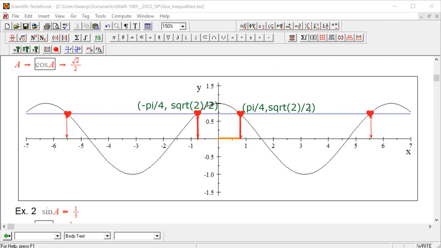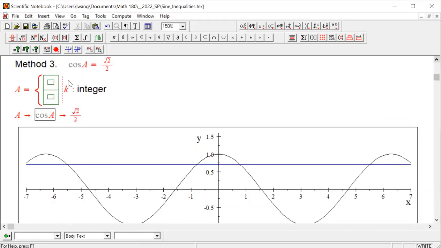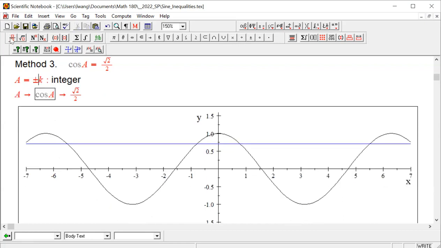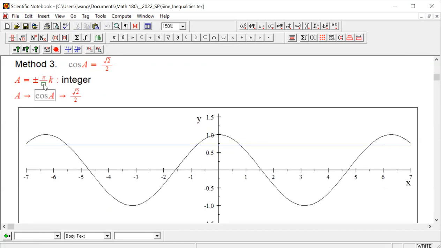Okay, they have the same output. So we have identified all the inputs with the same output. Okay, so what will be the solution? Of course, the solution is going to be the same, right? So it's going to be plus or minus pi/4 plus 2k pi.